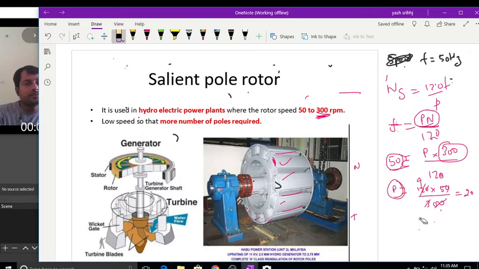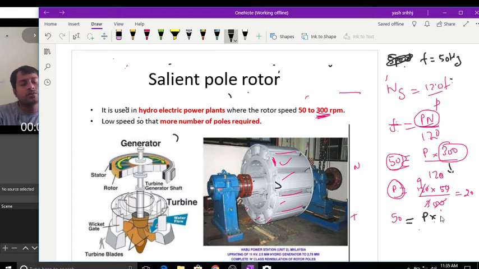That's why the diameter should be more. But in a thermal power plant, the speed is more. So to get 50 hertz frequency, the speed of a thermal power plant is not 300.